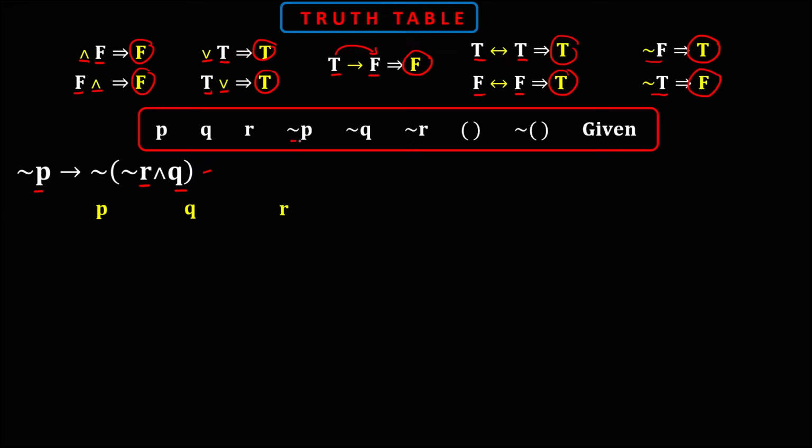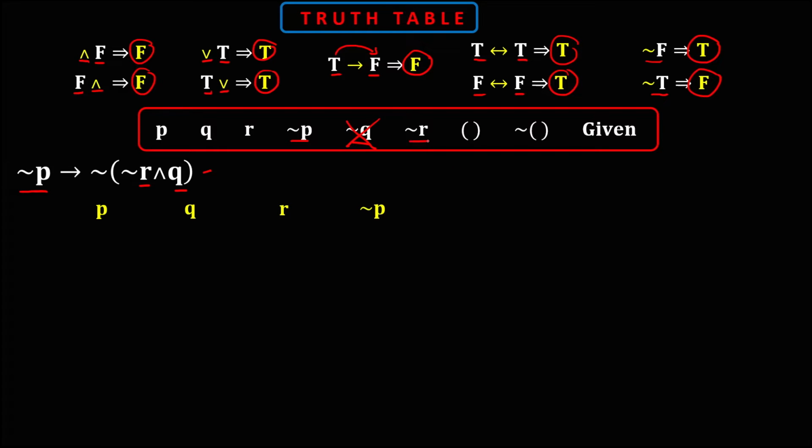The negation of P, since there is a negation of P. Then negation of Q is not part of the table, since it is not in the given.